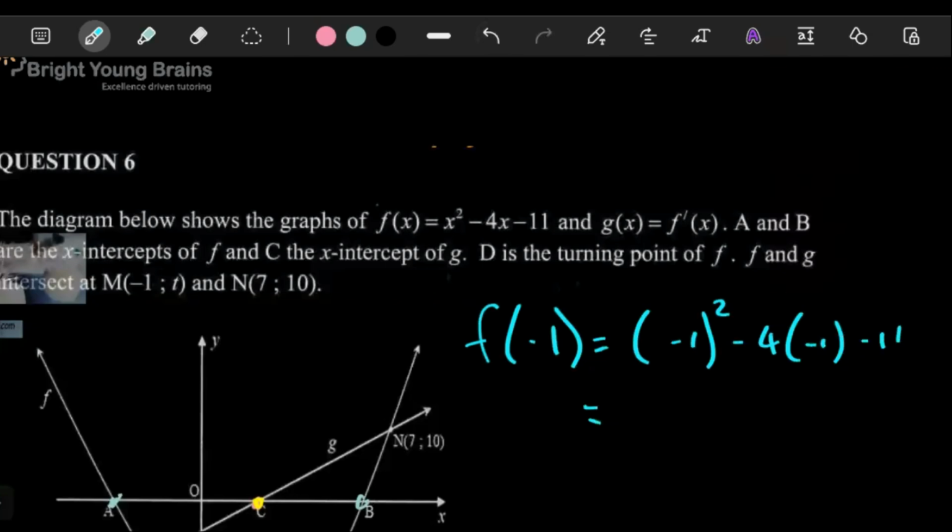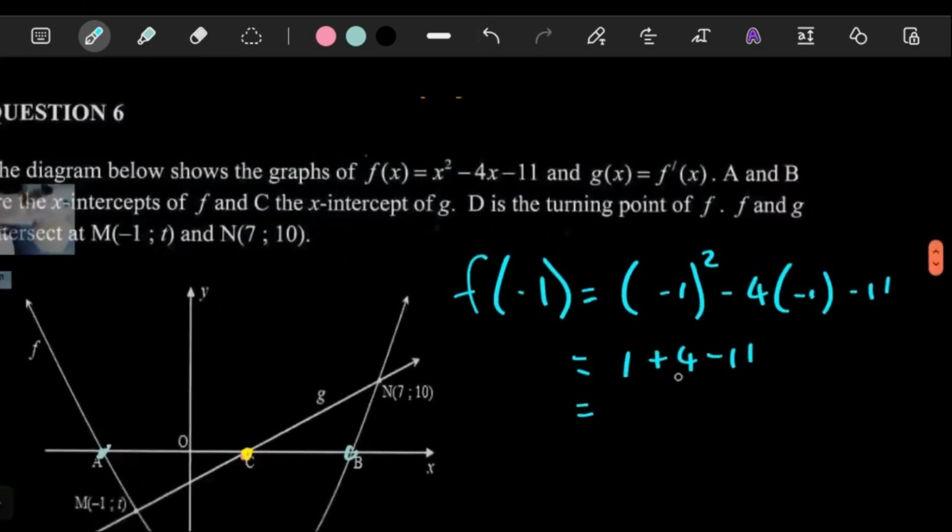In the calculator, 1 squared is 1, negative 4 times negative 1 is positive 4, so 5 minus 11 is minus 6.